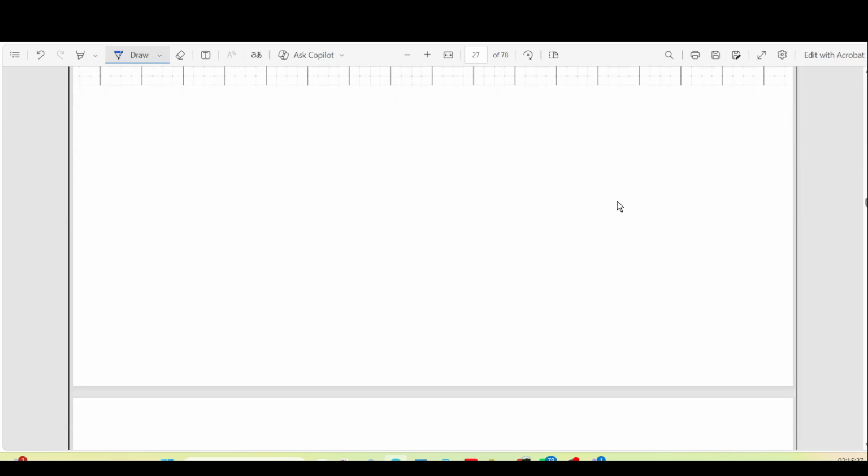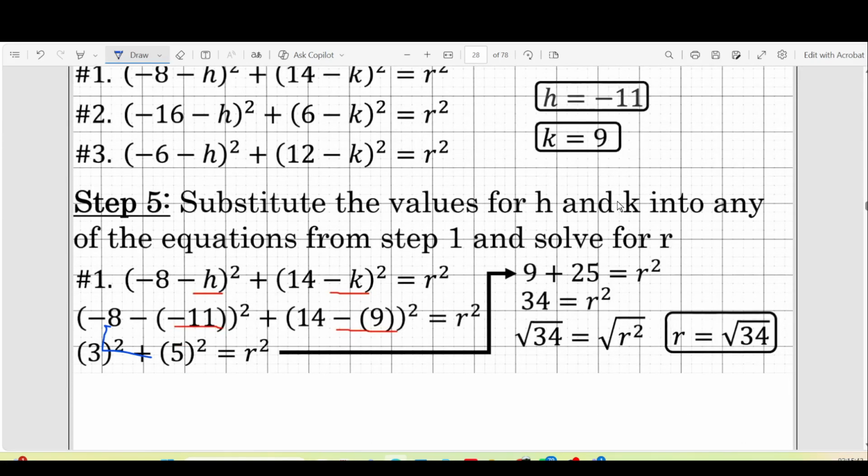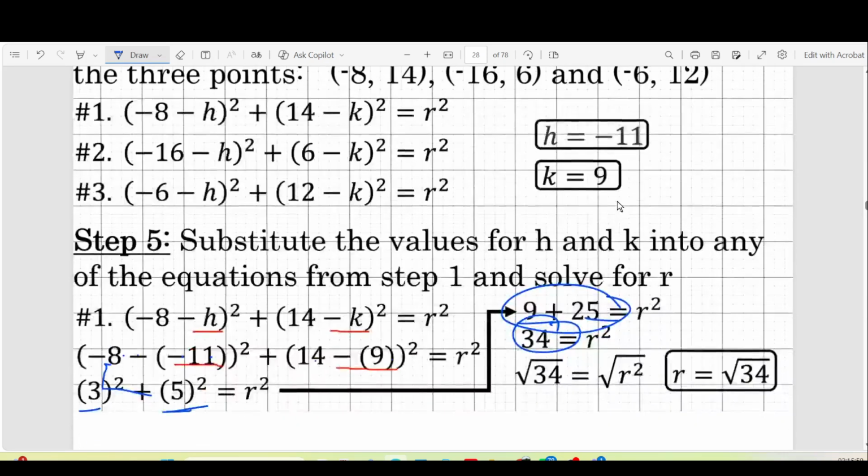After solving it, this is negative negative 11, positive, so 11 minus 8 is 3. Then 14 minus 9 is 5. So 3 square is 9, 5 square is 25. If we add it, we get 34 equals r square. So r will be square root of 34.